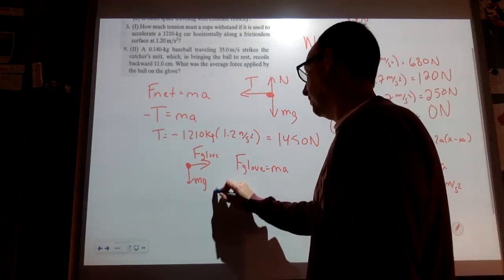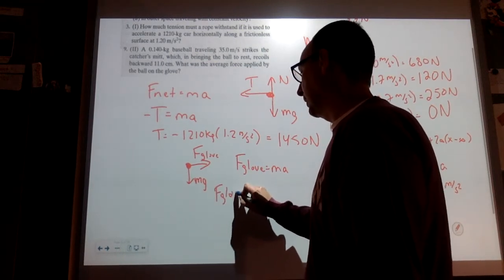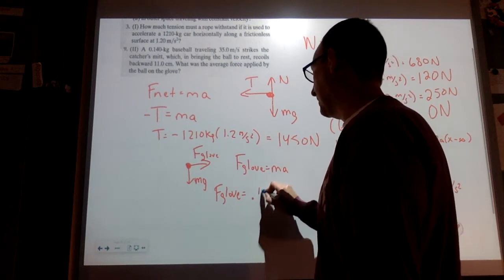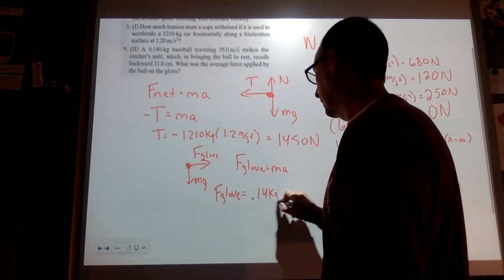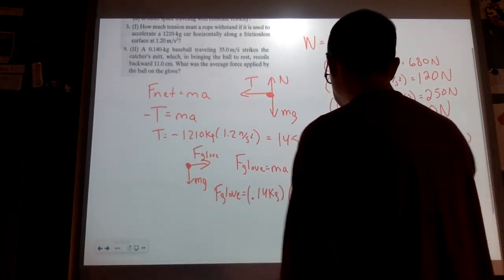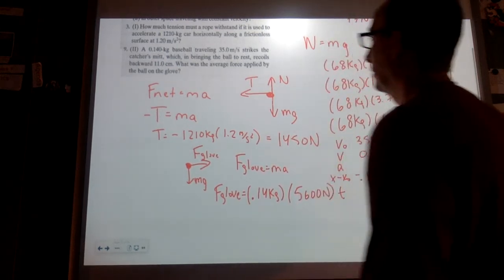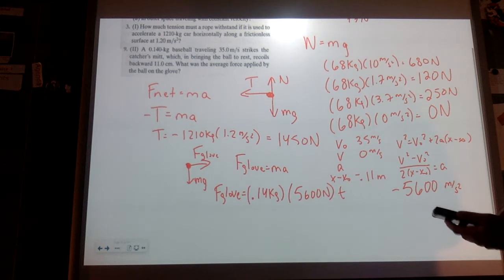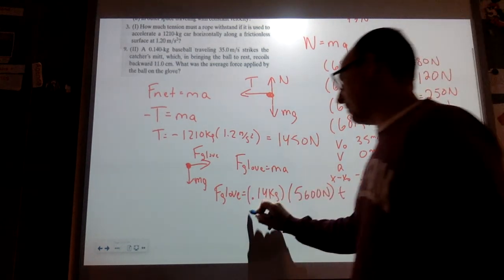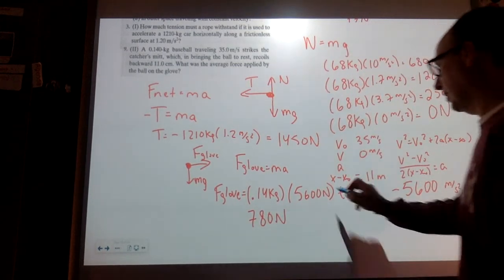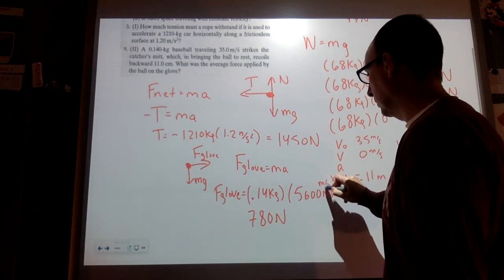And so the force is going to be the product of the mass and the acceleration. So I got about 784, so I'll say 780 newtons. Oh, I wrote that down. That should be meters per second squared.